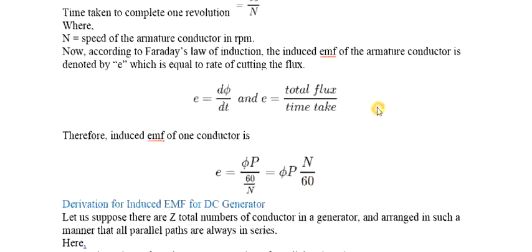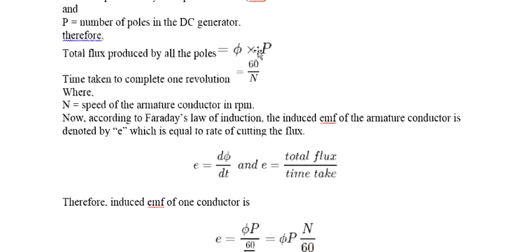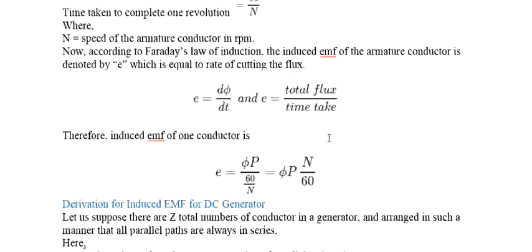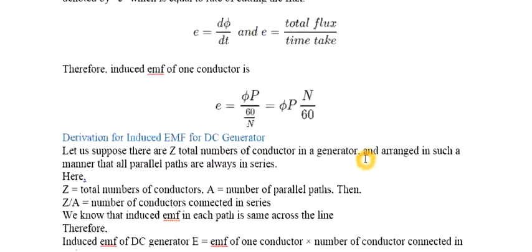So from the above, we can say that the total flux is phi into P, and the time taken for one revolution is 60 by N. So if you substitute all these things here, you will get induced EMF equal to phi P N by 60. Right. Now this is for one conductor.